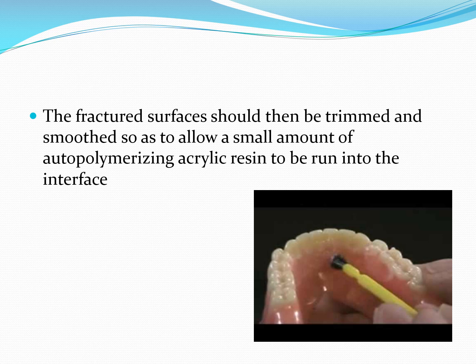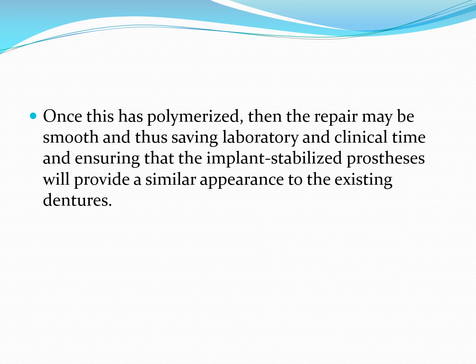You create a space along the fracture line on both sides, 2 to 3 millimeters, and bevel the denture from the fracture line, and then we apply acrylic resin to be run into the interface. Once it has polymerized, the repair may be smoothed, thus saving laboratory and clinical time.